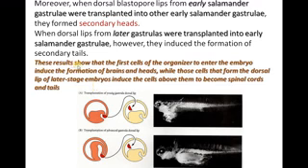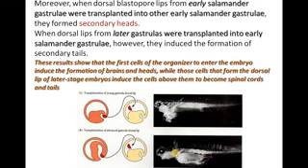These results show that the first cells of the organizer to enter the embryo induce the formation of the brain and head region. The first cells in the early stage of development in the upper lip definitely give rise to the brain and head region, while those cells that form the dorsal lip at the later stage of the embryo definitely give rise to the spinal cord and the tail region.